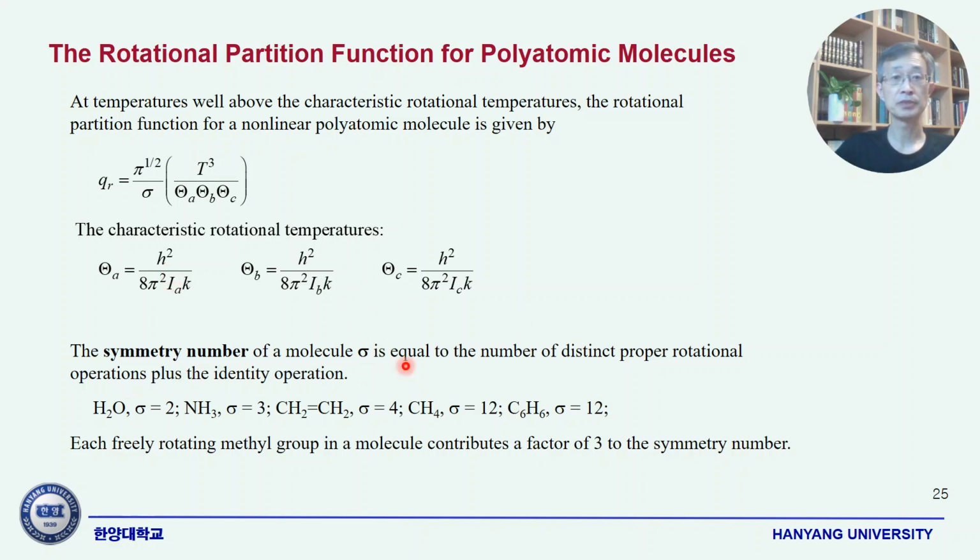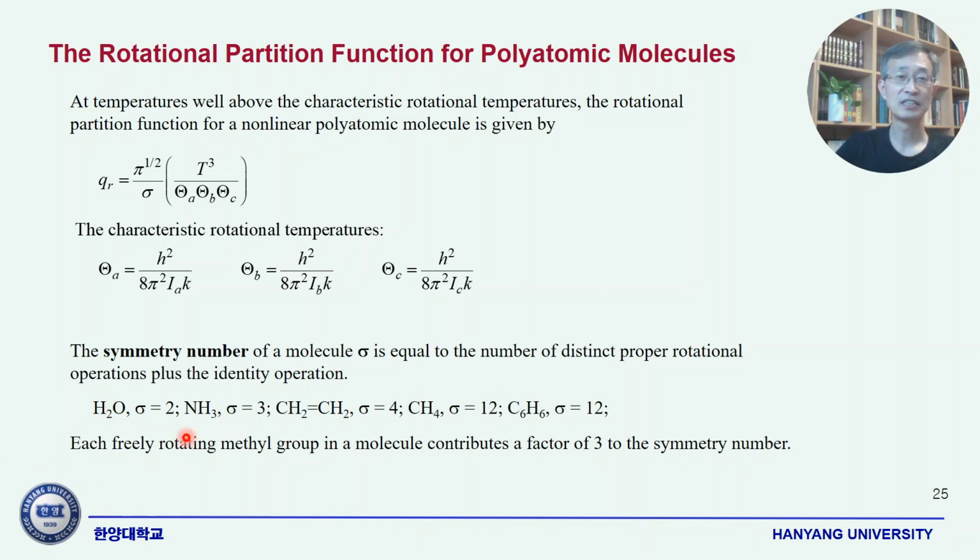The symmetry number for each molecule is equal to the number of distinct proper rotational orientations. For H2O in this case, you see the rotational axis C2, and for that rotation there are 2 indistinguishable H2O orientations. If you rotate the other way, those 2 are the same.